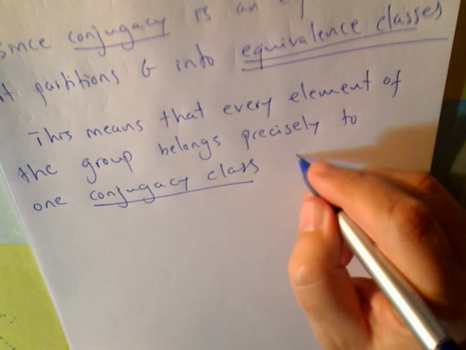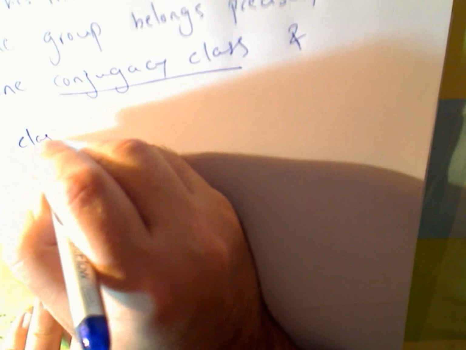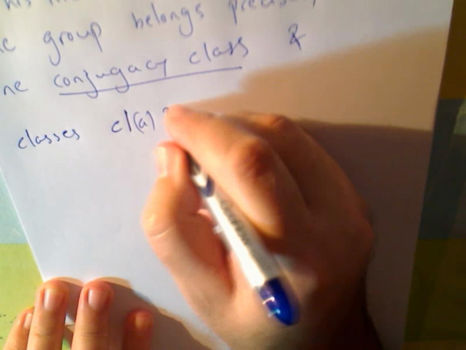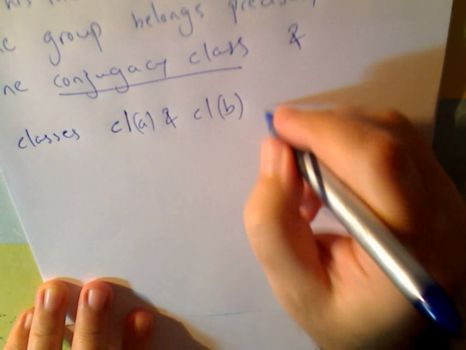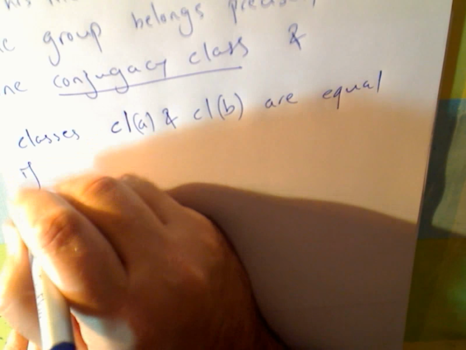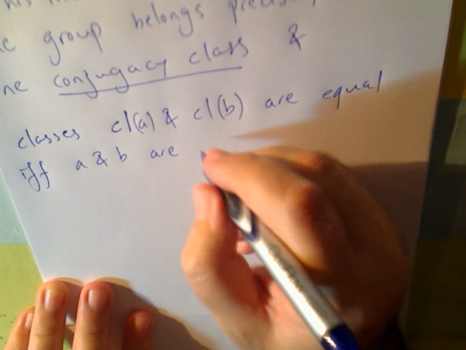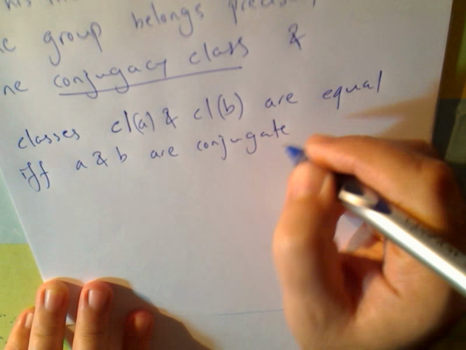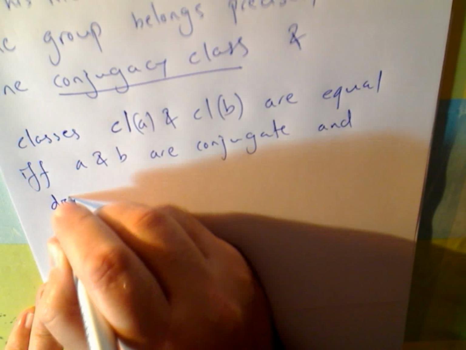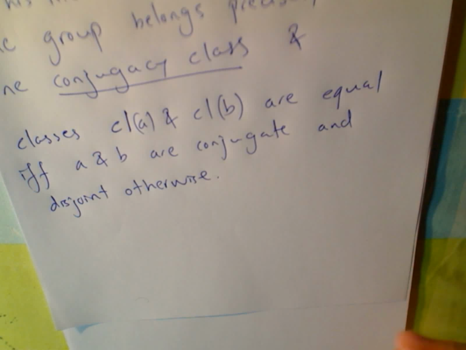Okay, and we also say, and this is very important too, that classes, I'm going to note this way, CL, class A and class B are equal if and only if A and B are conjugate, and otherwise they are disjoint.